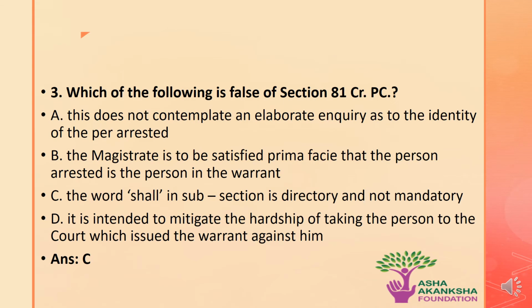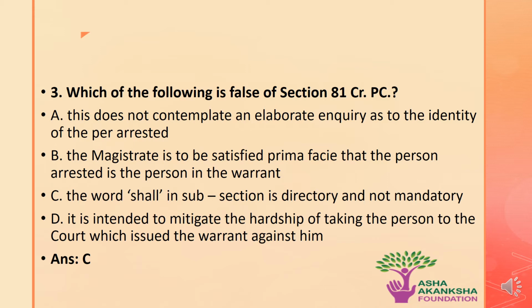The next question is, which of the following is false for Section 81 of CrPC? The options are A. This does not contemplate an elaborate inquiry as to the identity of a person arrested. Option B. The magistrate is to be satisfied prima facie that the person arrested is the person in the warrant.